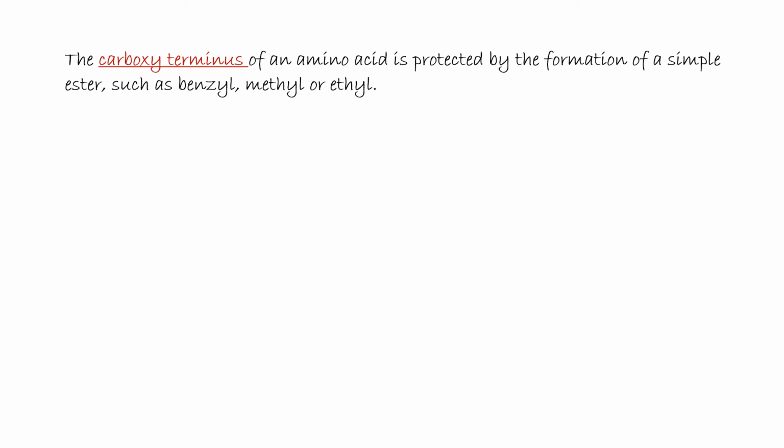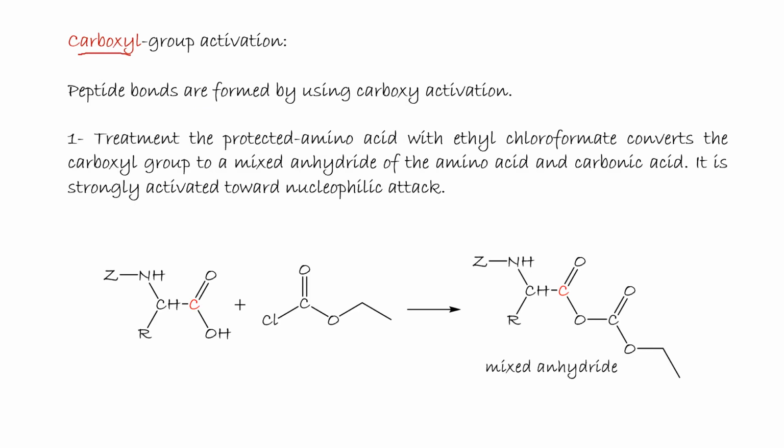The carboxy-terminus of an amino acid is protected by the formation of simple esters such as benzyl, methyl, or ethyl ester. For carboxyl group activation and to form a peptide bond, treatment of the protected amino acid with ethyl chloroformate converts the carboxyl group to a mixed anhydride.